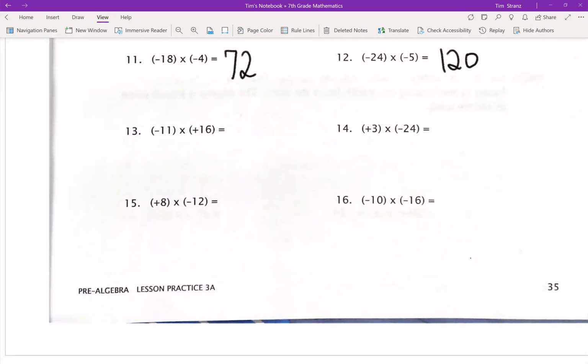Number 13, 11 times 16. 2 different signs, which means it's a negative 176. 24 times 3. 2 different signs again, which means a negative 72. 8 times 12, right? So you're going to have 2 different signs, negative 96. And then last one, 2 negative signs means it's going to be a positive answer, 160.